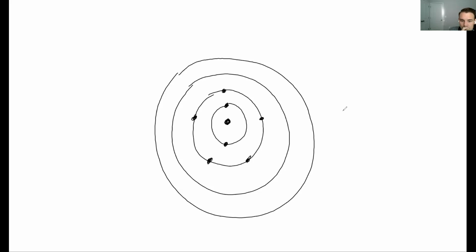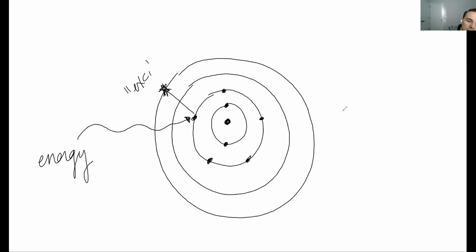So what Bohr said does work in theory. So in comes energy into the atom, and it goes into an electron. That energy goes into the atom, strikes that electron. That electron gets excited. Okay, it's got more energy, it gets excited, and it goes here. This is called the excited state.